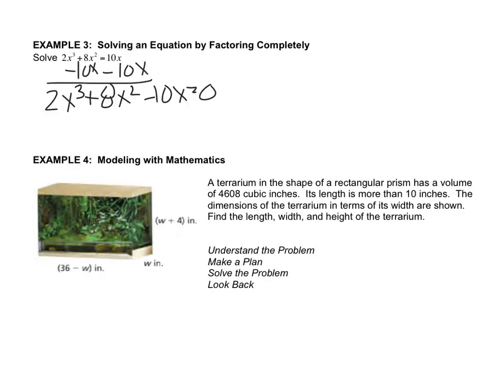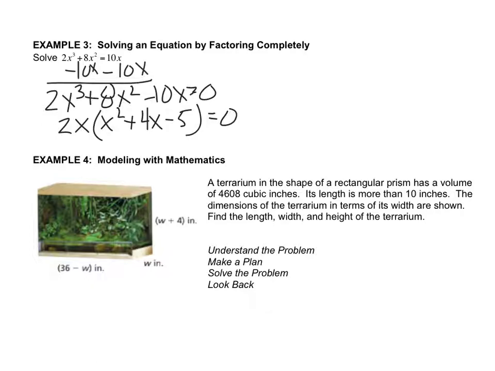So looking at that trinomial, I can see that there's a common 2x in all three terms. When I take out 2x from the first term, I have x squared remaining. When I take 2x out of 8x squared, I have 4x. And when I take 2x out of negative 10x, I get minus 5 equals 0. So again, to factor completely, I want to look at this trinomial again to say, is x squared plus 4x minus 5 completely factored?